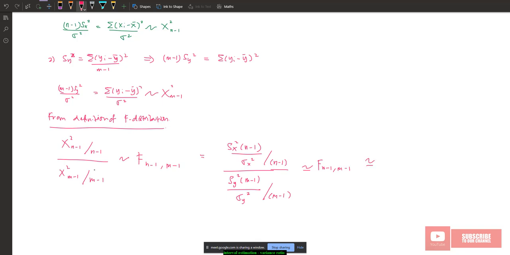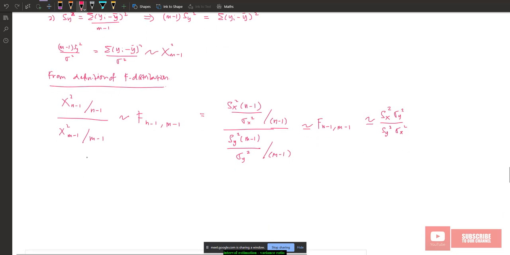So roughly the numerator is sx squared sigma y squared, and the denominator is sy squared sigma x squared, the same thing, right? So this is the equation.